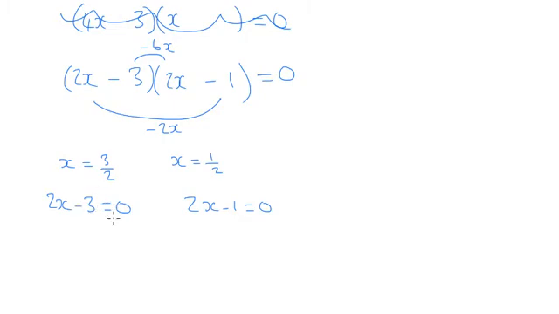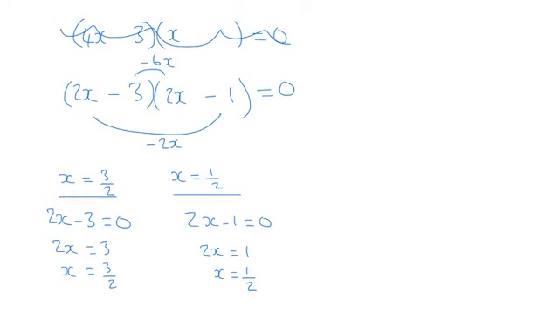So if we add on 3 there, and then divide by 2, I've got my 3 over 2, and if I add on 1 here, and divide by 2, I'll get my half. Okay? Those are my two answers for x.